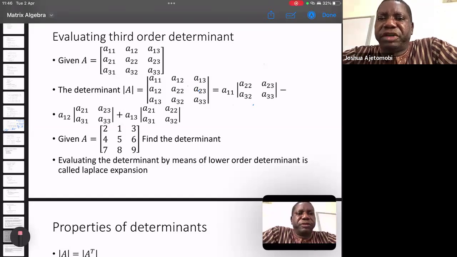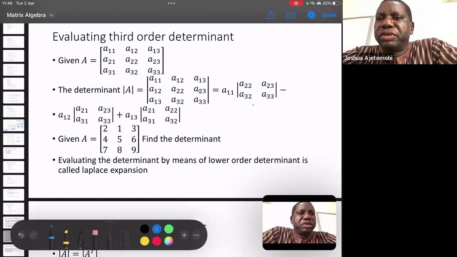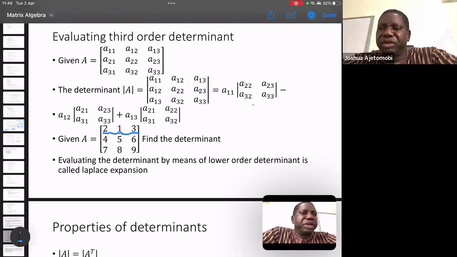Let us use the first row for our Laplace expansion.